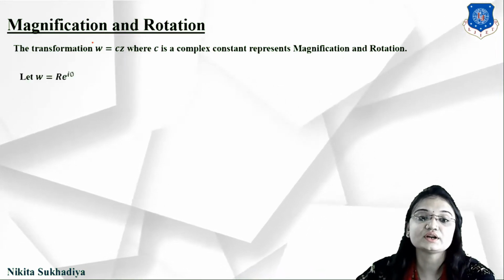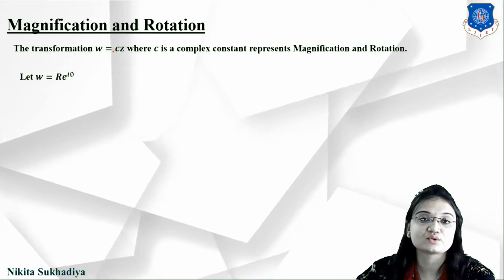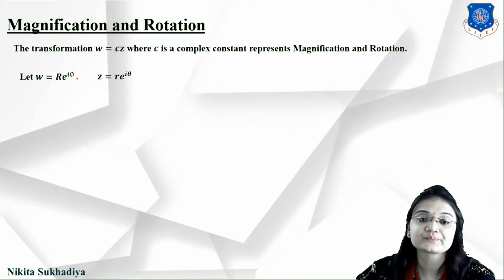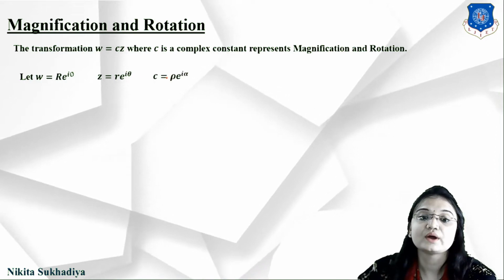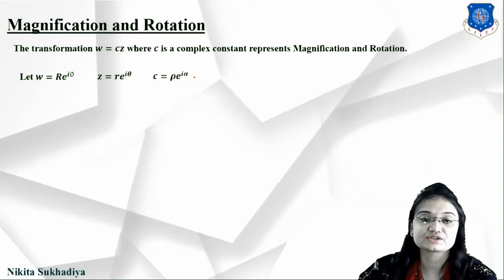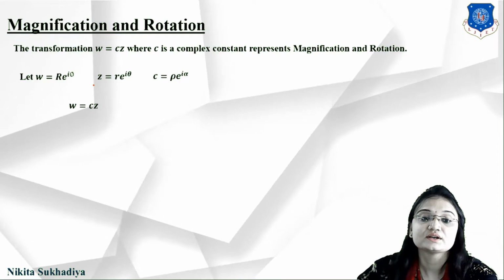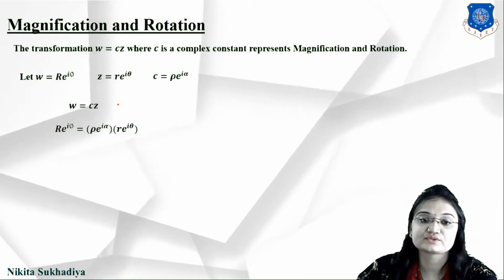Here let's take W is equal to R e raised to i phi, Z is equal to R e raised to i theta, and C is equal to rho e raised to i alpha. So we have W is equal to Cz.